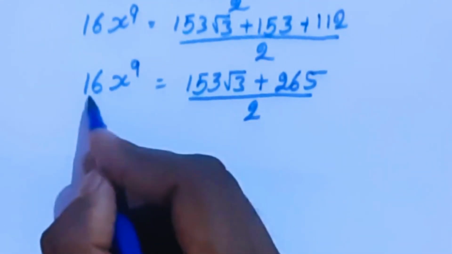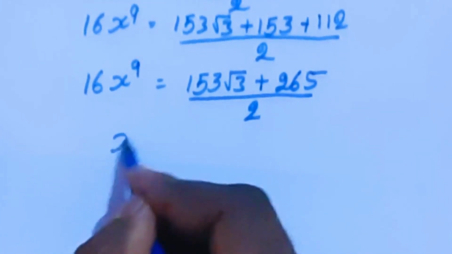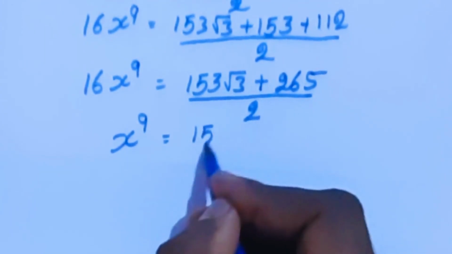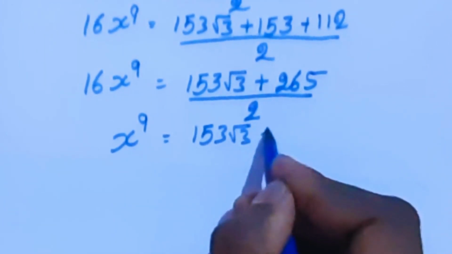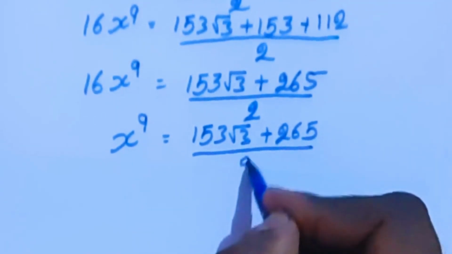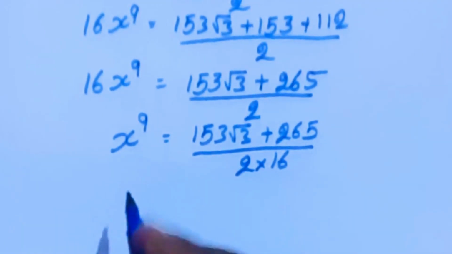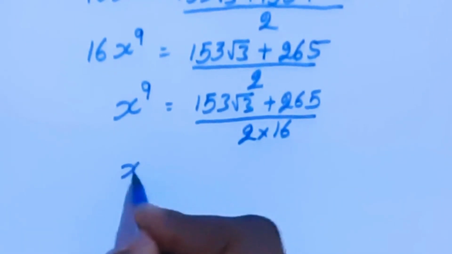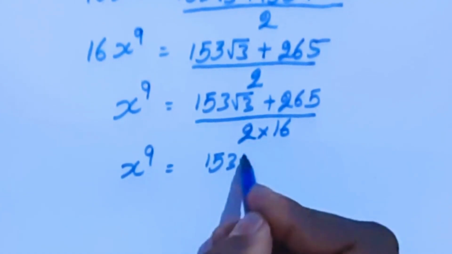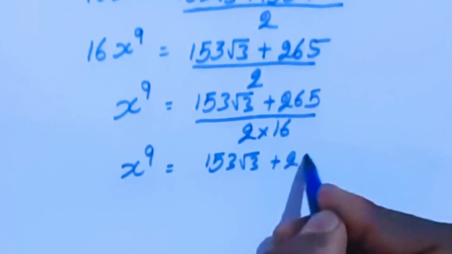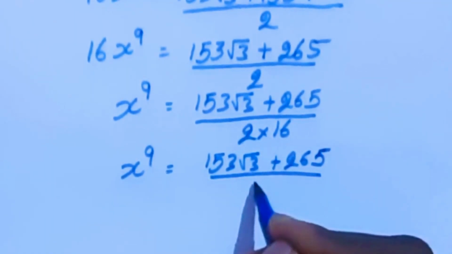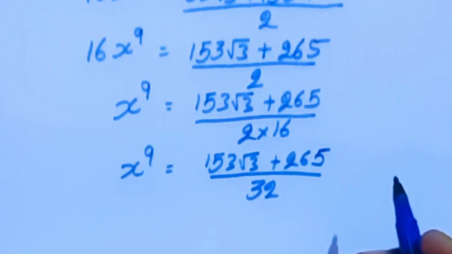Now we are moving this 16 to the right hand side, so x to the power of 9 equal to (153 square root of 3 plus 265 by 2) times of 16. So we'll get x to the power of 9 equal to 153 square root of 3 plus 265 by 32.